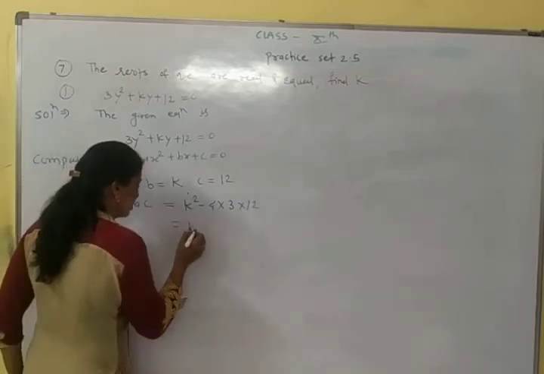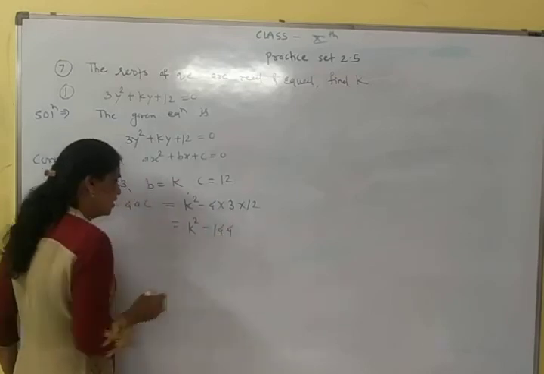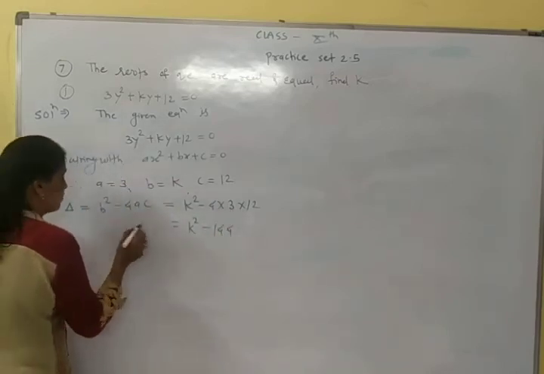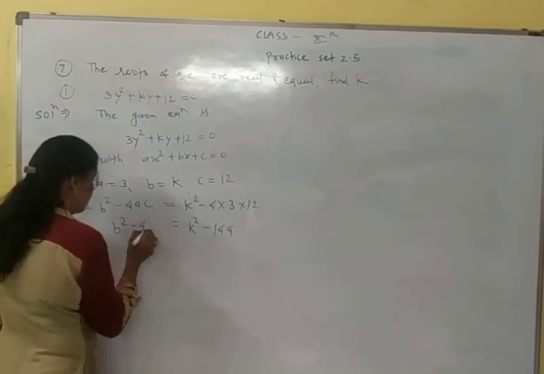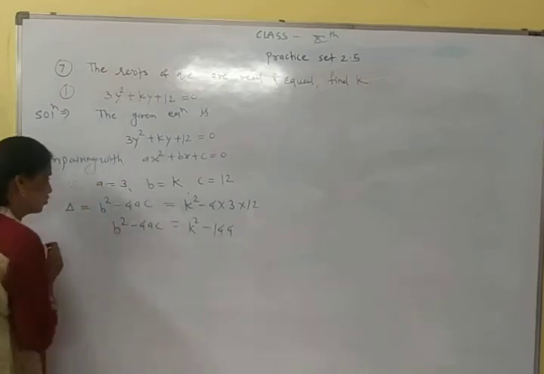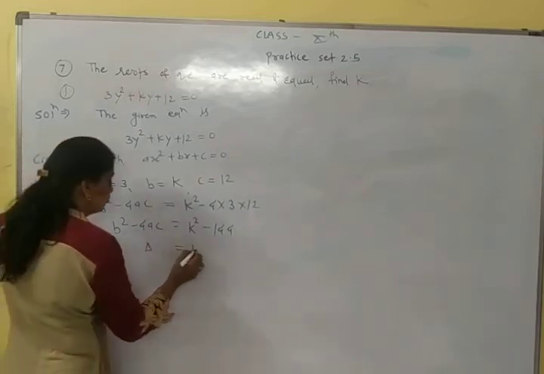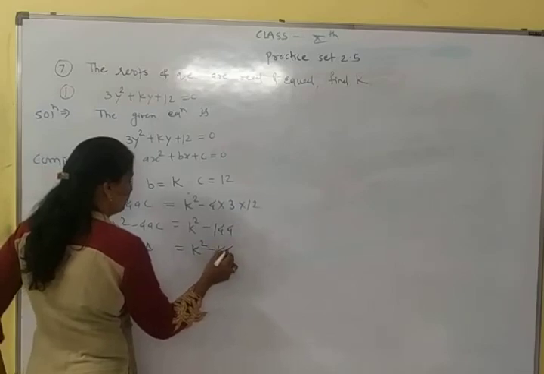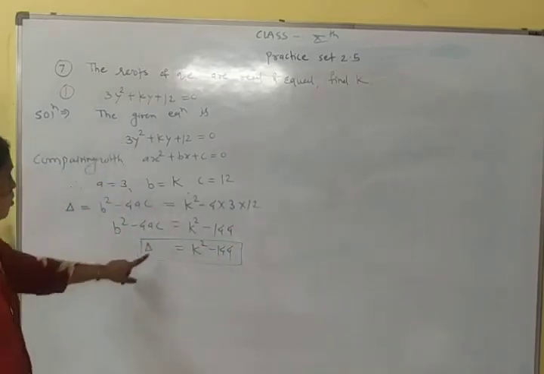Therefore k square minus 4 3 is 12, and 12 into 12 is 144. So b square minus 4ac is equal to k square minus 144, means delta equal to k square minus 144. This is the value of delta, the value of discriminant.